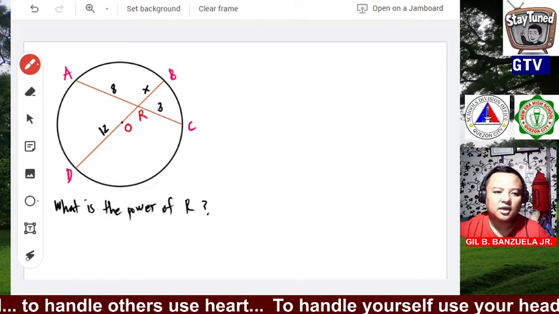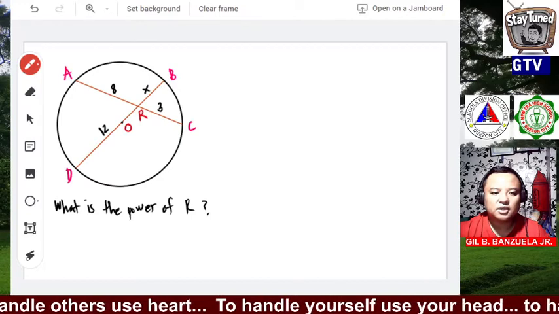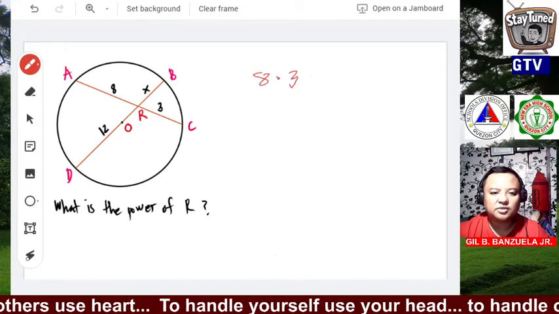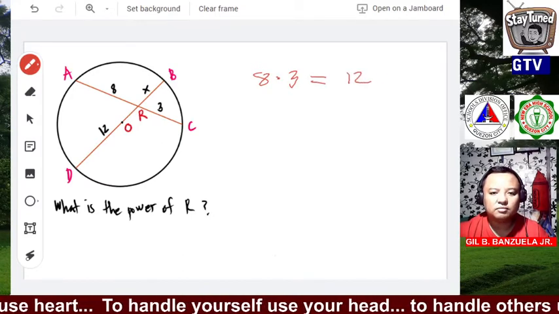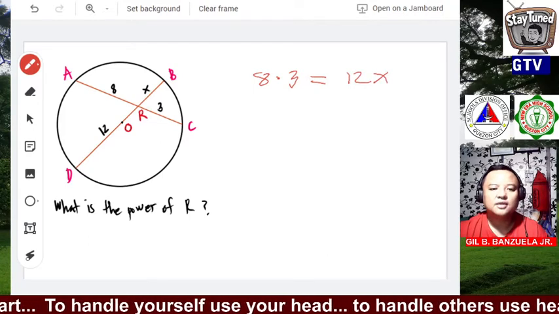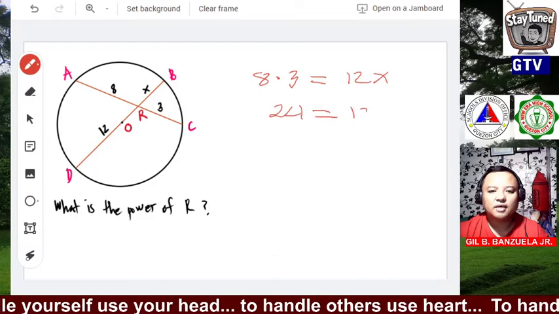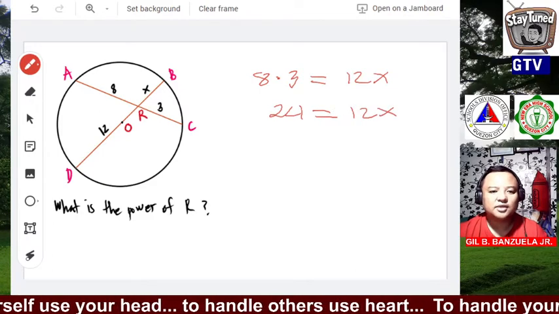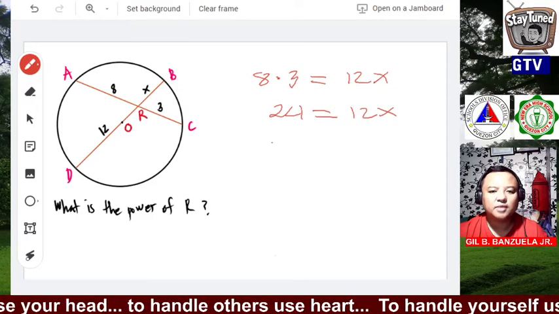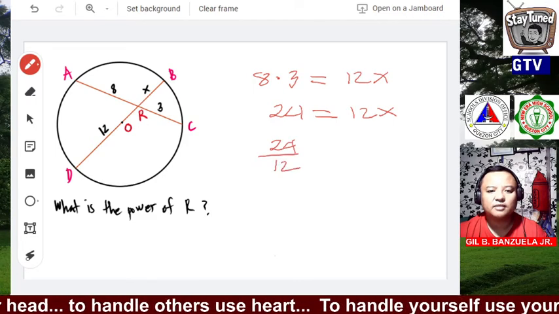In other words, 8 times 3 is equal to 12 times X. Let's multiply this, guys. So, 24 equals 12X. Then, let's isolate the variable X by dividing the entire equation by 12.